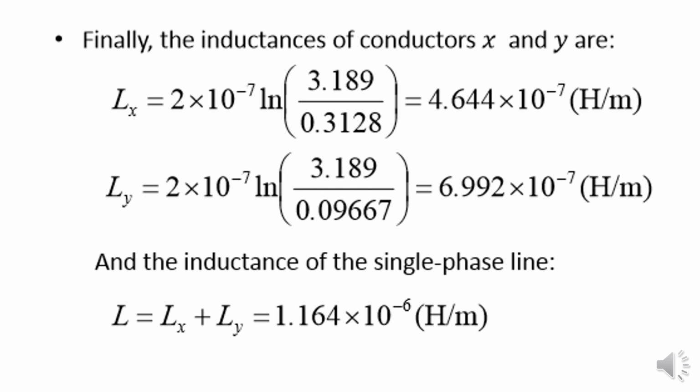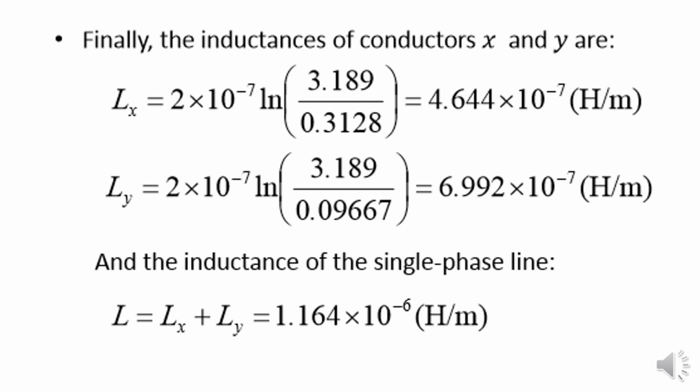So GMR is for the conductor, GMD is common. As we have found these two values, if you were asked to find the total inductance, what you have to do is add these two values. Total inductance L is equal to Lx plus Ly, right? Even though we are referring to this as L, the units of L, Lx and Ly are henries per meter.